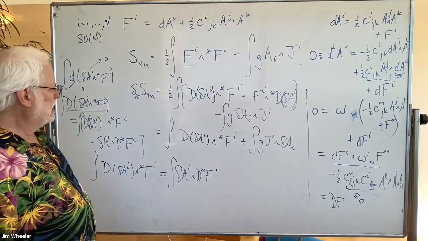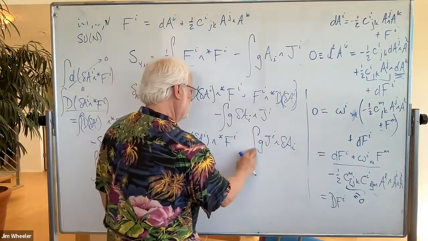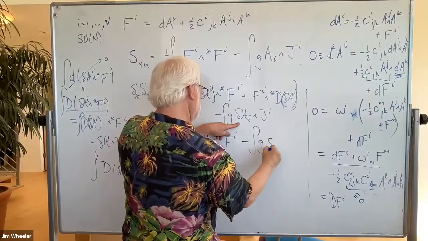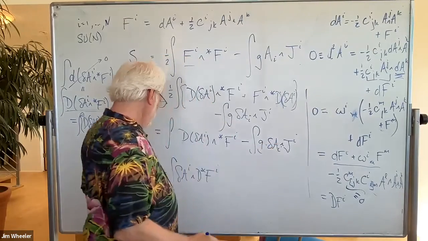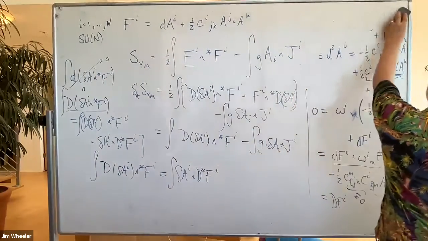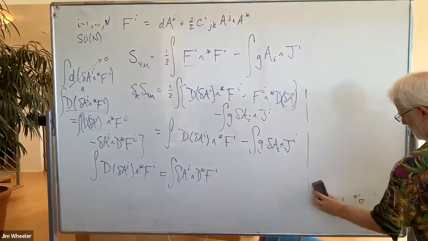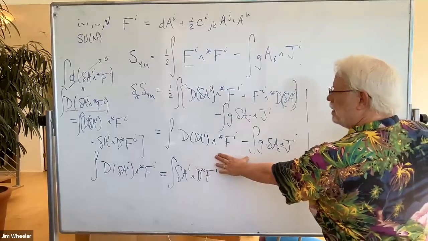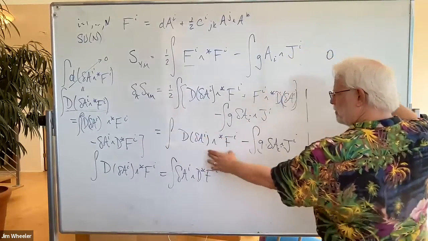And they've got my signs. Oh, I should have left this alone. Let me write this the other way. Minus del AI wedge Ji. Okay, so here's the variation. We're going to set the variation of the action to 0.